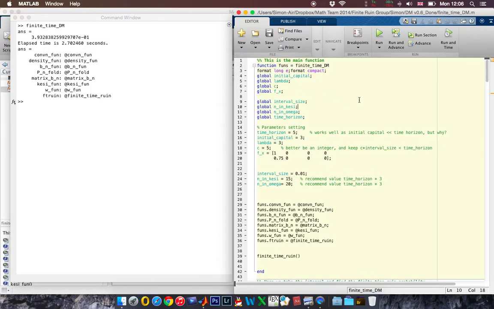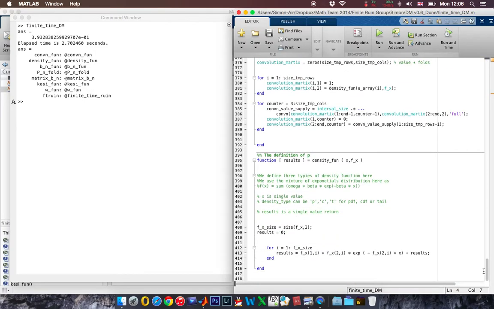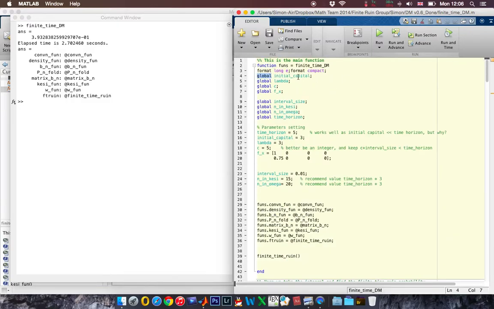In order to save memory, we declare all of these shared parameters as global variables. That is to say, all of the sub-functions of this main function can not only visit but also change these parameters. But of course, we do not want them to change these parameters most of the time.